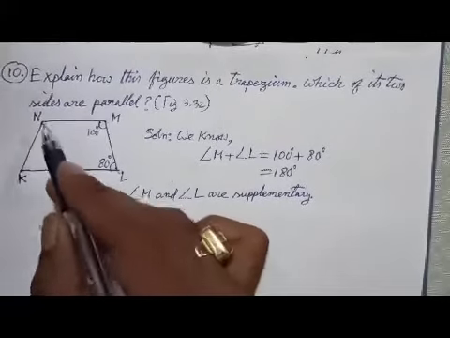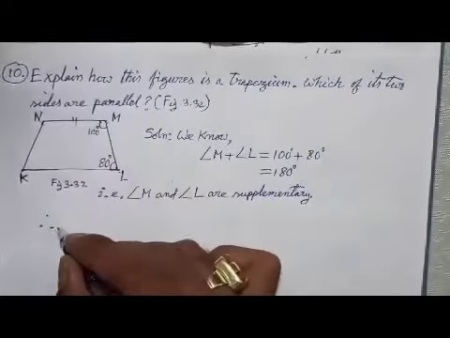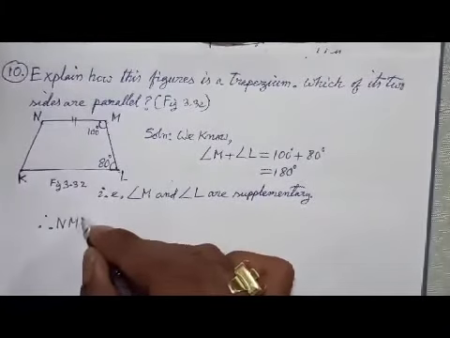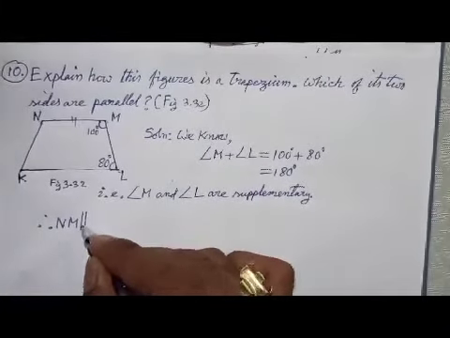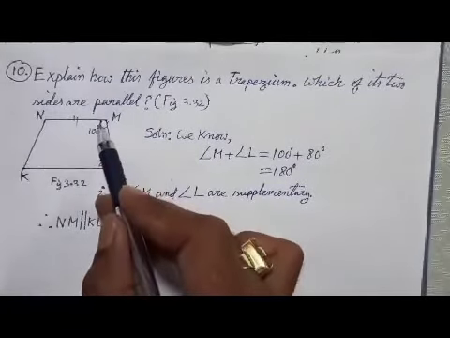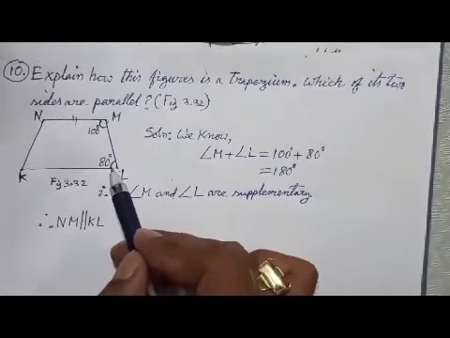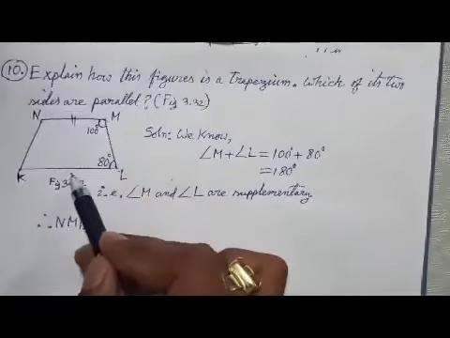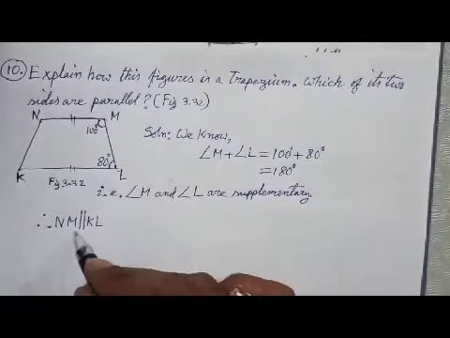Therefore, NM is parallel to KL, and this is the parallel symbol. Since the sum of this angle and this angle is supplementary, this side and this side are parallel sides.